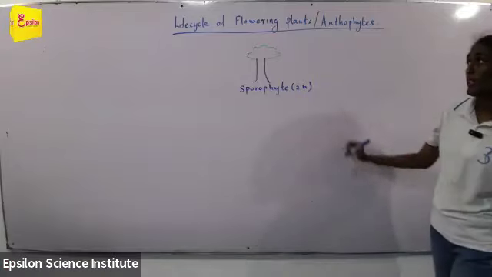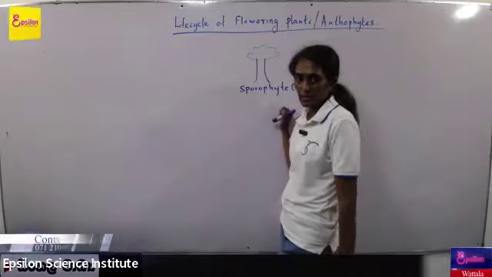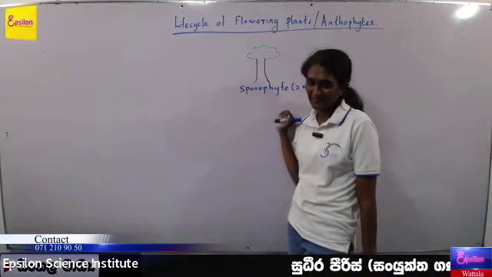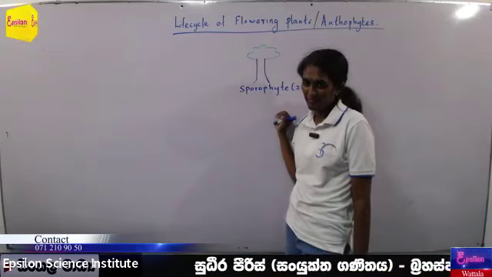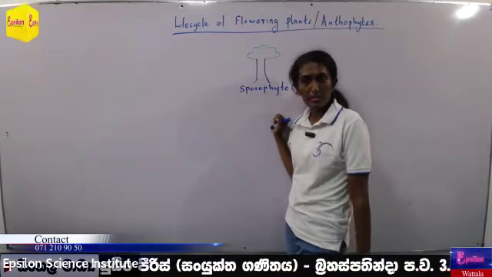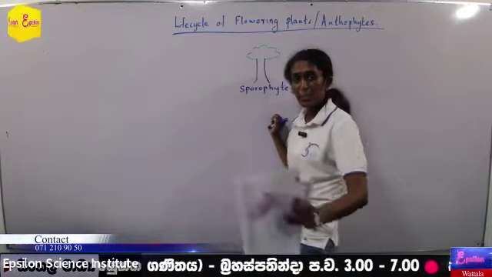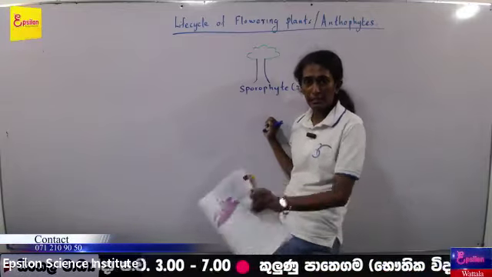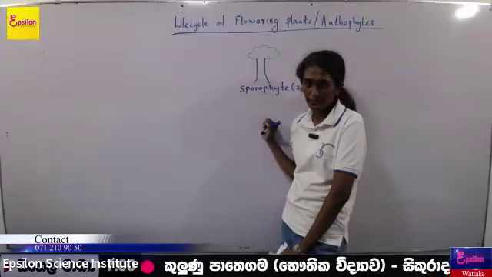Now guess whether this is monoecious or dioecious. So if it is to be dioecious, two types of spores should be produced. Those should be there in two different plants.